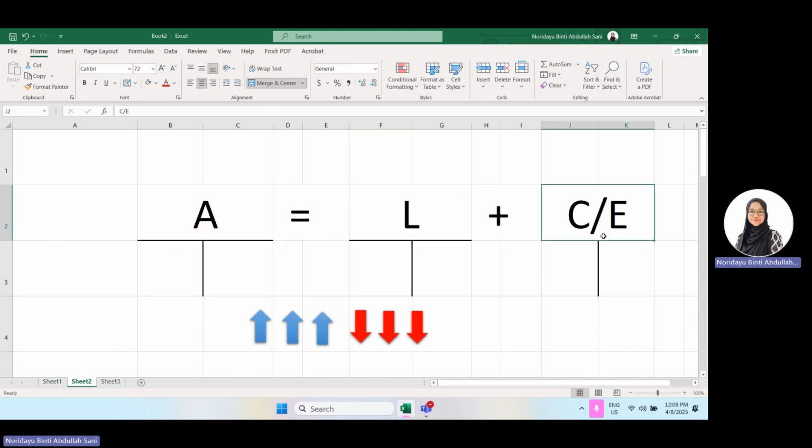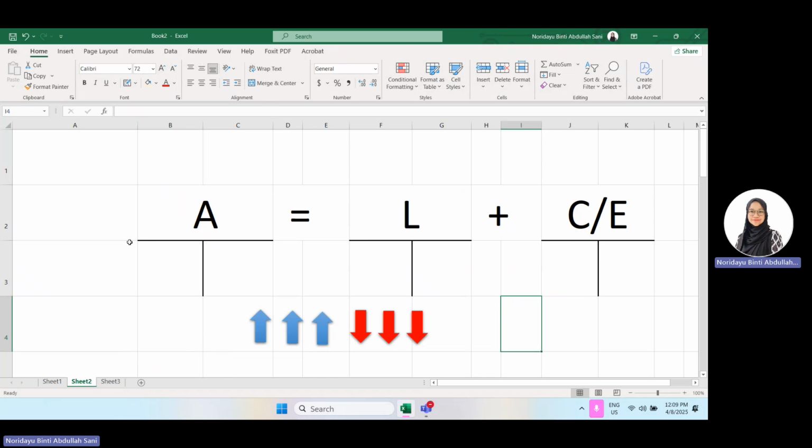So this is the accounting equation. Very, very significant to accounting. Okay, to explain this asset, liability, and capital, I would like to introduce you to the concept of double entry. When we have an account, basically we will record this account in a ledger.